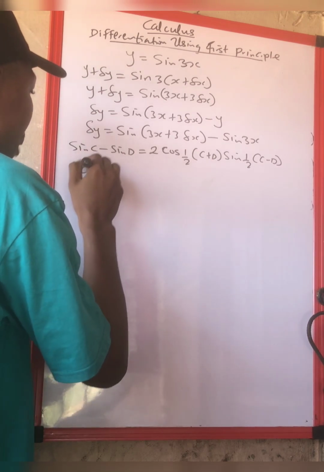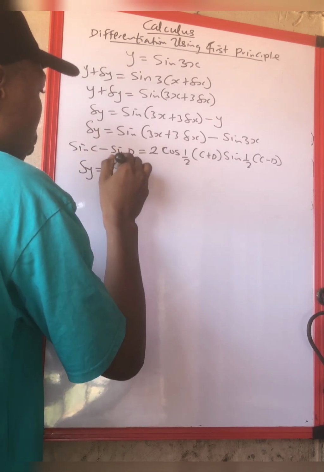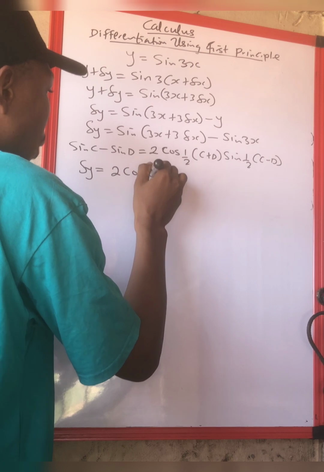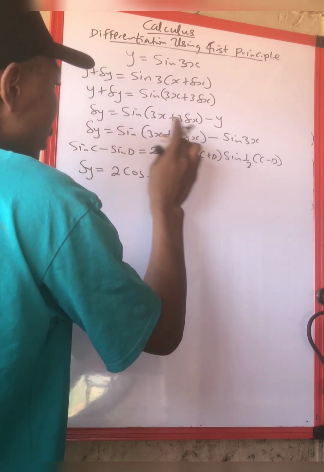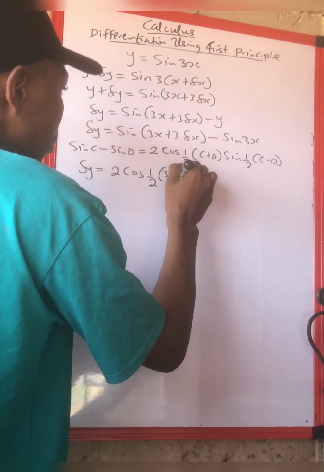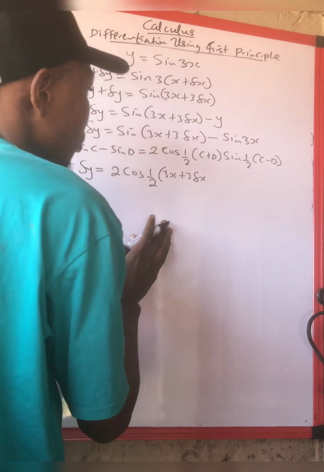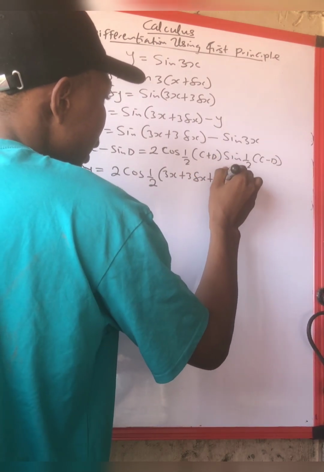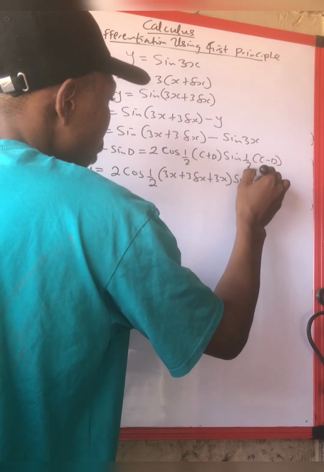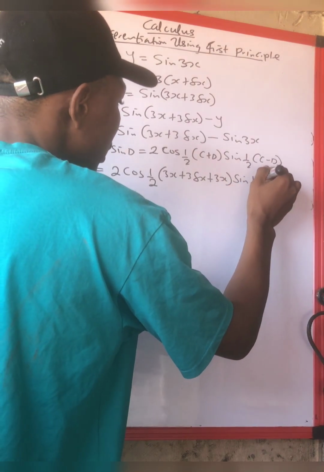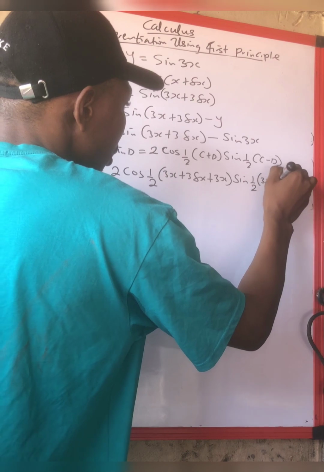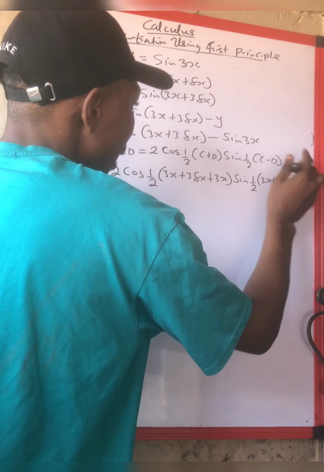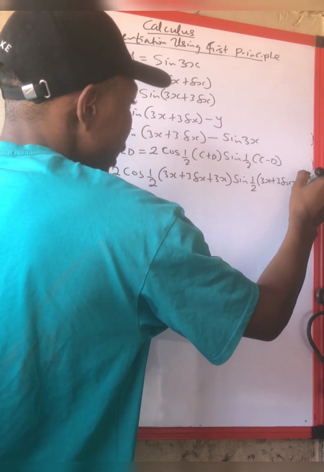So change in y becomes 2 cos 1/2, where C is 3x plus 3 change in x, then plus D, which is 3x. So we have sin 1/2 of C, 3x plus 3 change in x, then minus D, 3x.